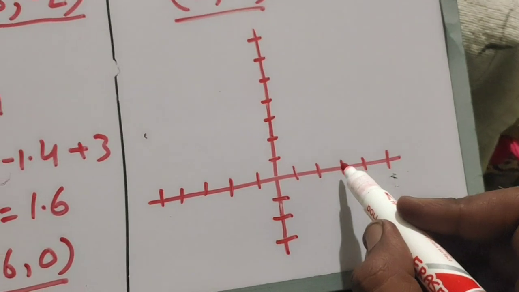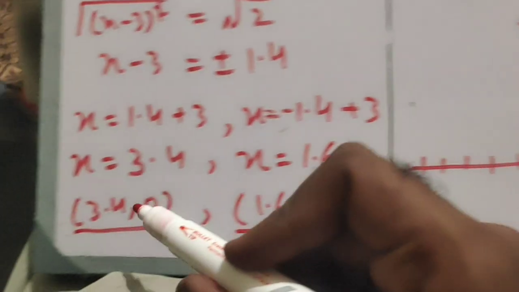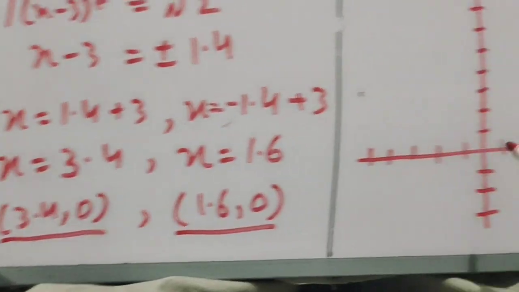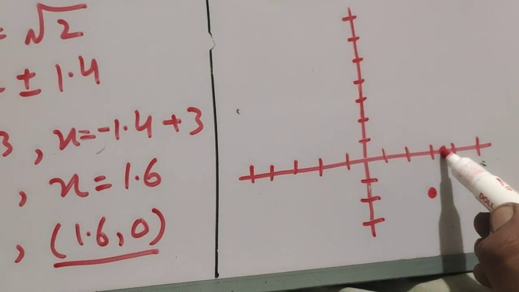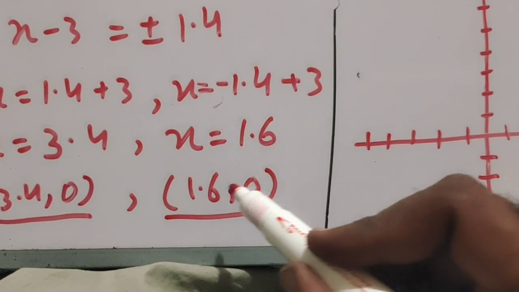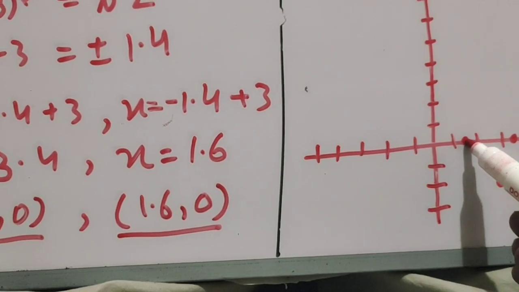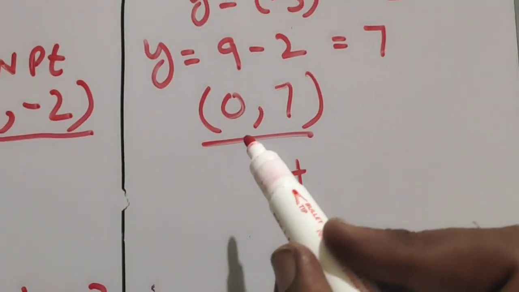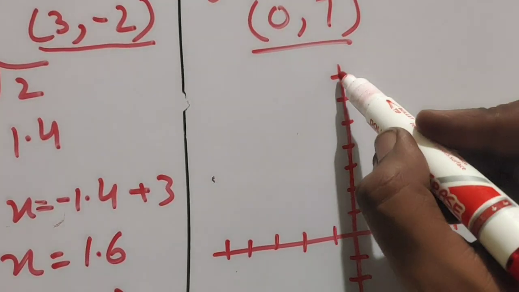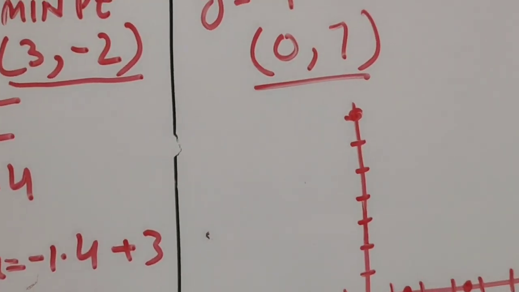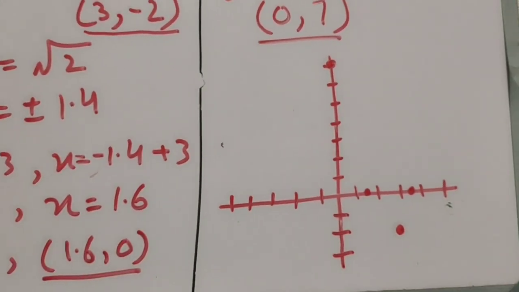Then 3.4 and 0, then 1.6 and 0, and this point is 0 and 7 on the y-axis. Here all the points we have mentioned are marked.